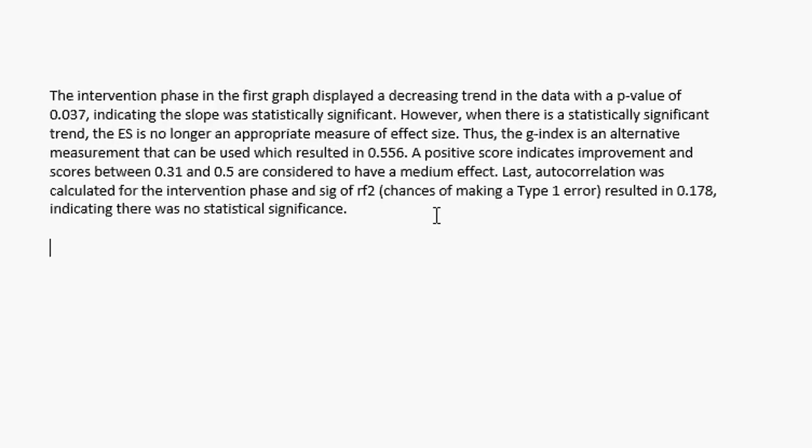The intervention phase in the first graph displayed a decreasing trend in the data with a p-value of 0.037. Okay, and when there's a significant p-value, that's all you really need to say. So what you could write, which would be just as good, would be: there was a statistically significant descending trend in the intervention data, or we can say intervention phase.